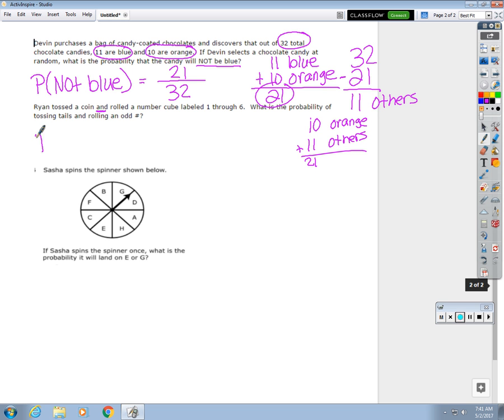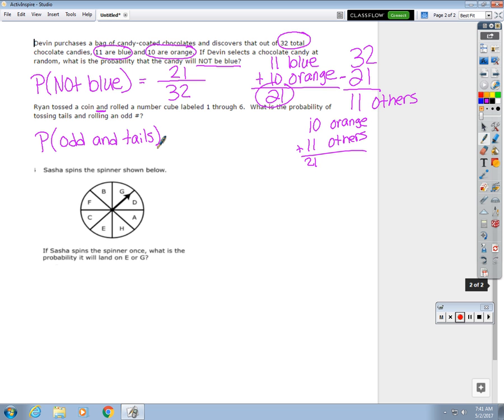So our probability is an odd number and tails. Okay, we're looking for the probability that he rolls an odd number and gets tails.